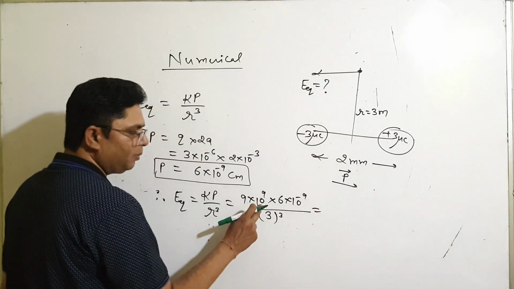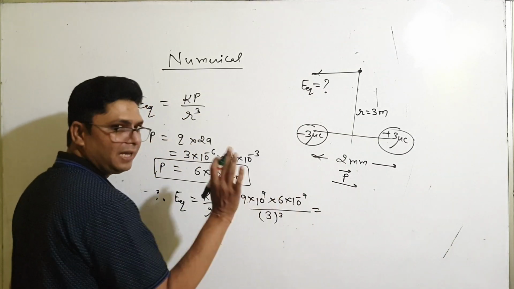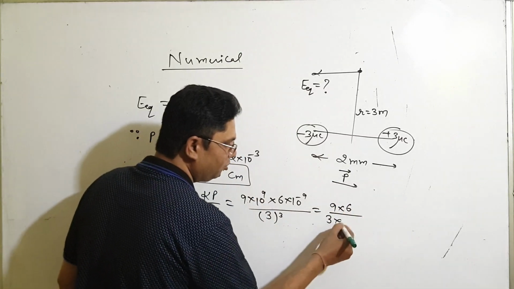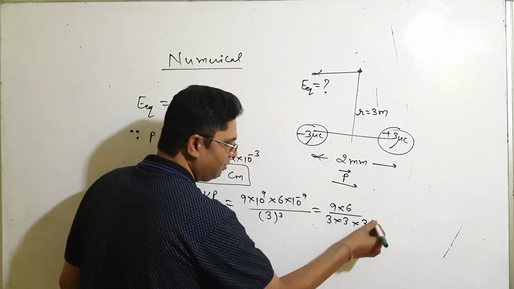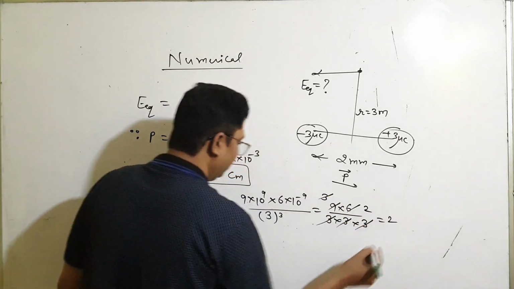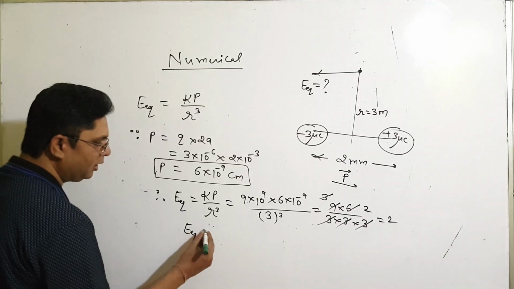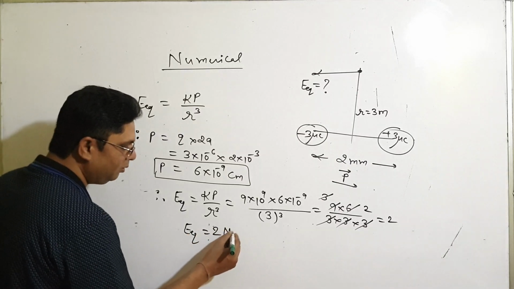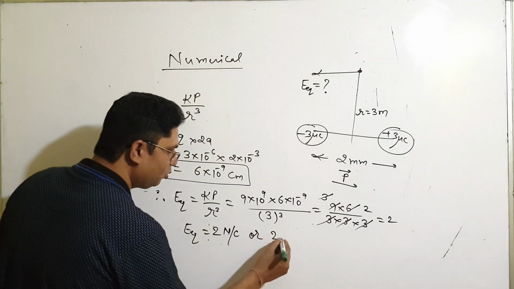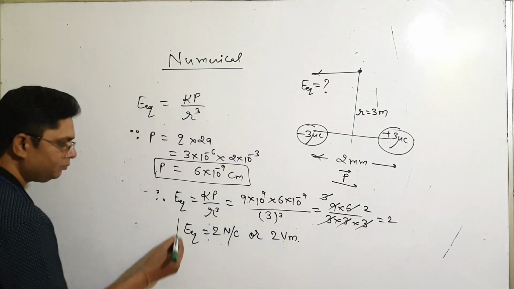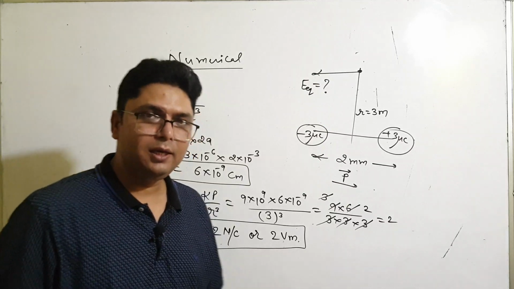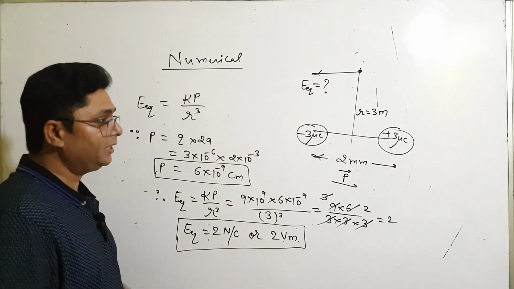So the 10 to the power 9 and 10 to the power minus 9 will cancel out, and you have 9 into 6 in the numerator, and in the denominator you have 3 into 3 into 3. So the 3s will cancel out, and you have 2. This means you get E equatorial equals 2, and the unit is Newton per coulomb, or you can say volt per meter. This is the value of E equatorial.